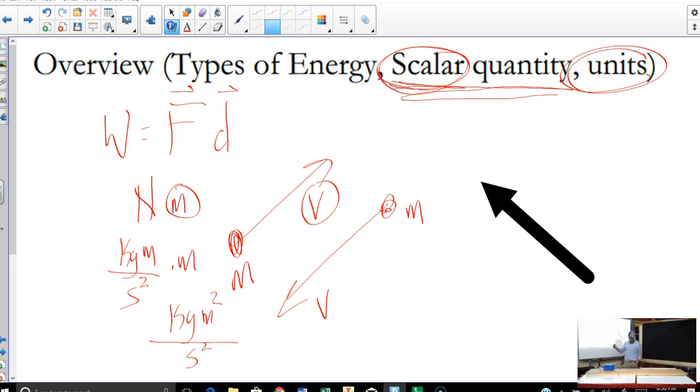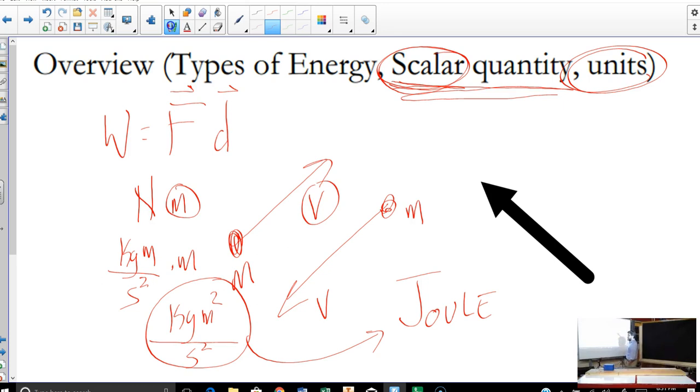If we have a certain amount of energy and we use these units, which, by the way, we will always use in physics, except maybe in thermodynamics where there's some weird stuff, but even there we'll use this unit. The name of that set of units, kilogram meter squared over second squared, is a joule, named after somebody with that last name who I should probably know better, but it doesn't really matter because he's dead.